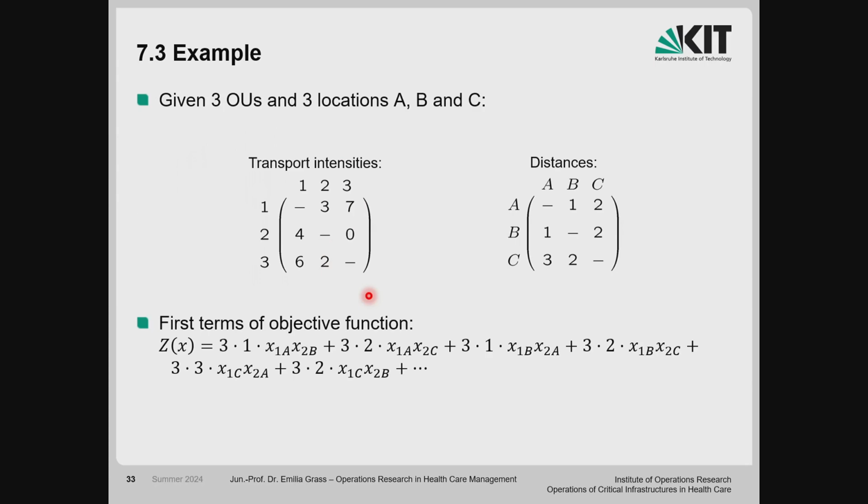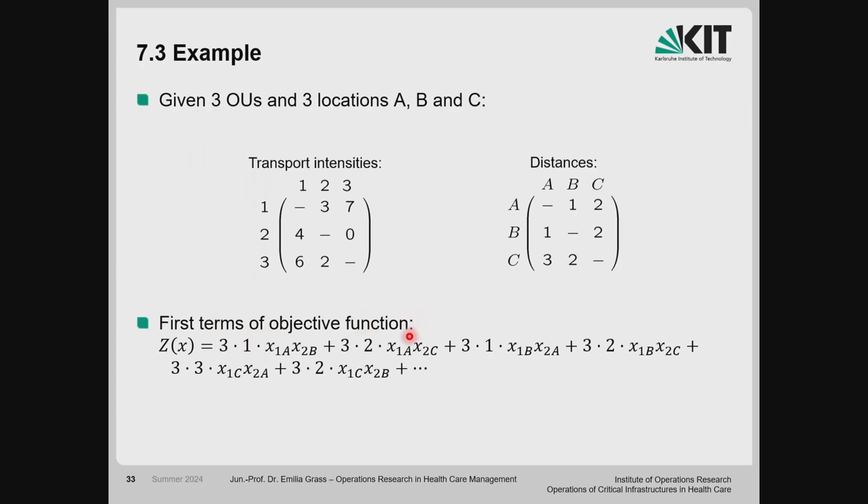And then our objective function, and here only the first terms are given. Okay, you have these 3 times 1, so the intensity times the distance, and then the decision variable. So if unit 1 is assigned to room A, and the second unit is assigned to B, then we have here 1s, and then we have to take this transport intensity times distances, the weighted distances, into account, and so on.